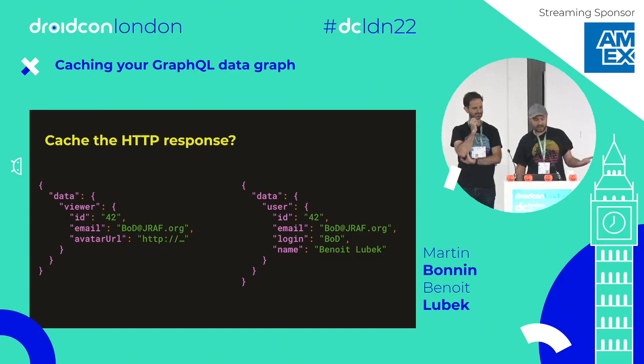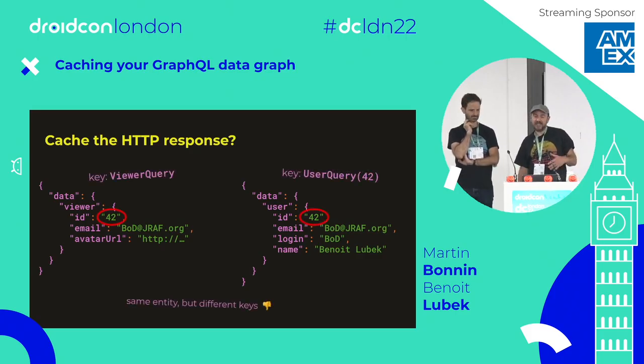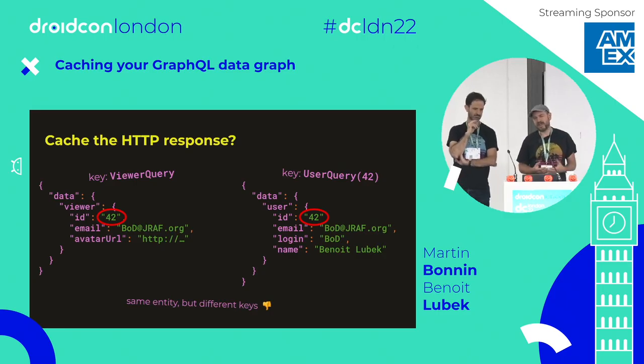Here we have an example with two payloads that represent actually the same object with the same ID 42. And again, you would store this in two different places, because you would probably use the query as the key for that. That's not good for your space, and that's not good for caching.